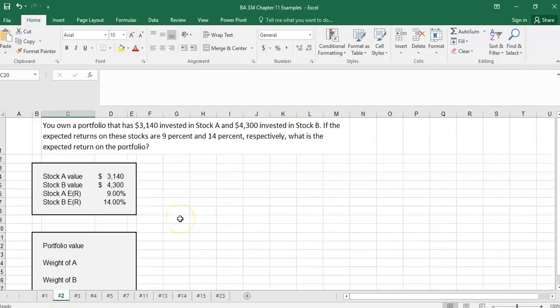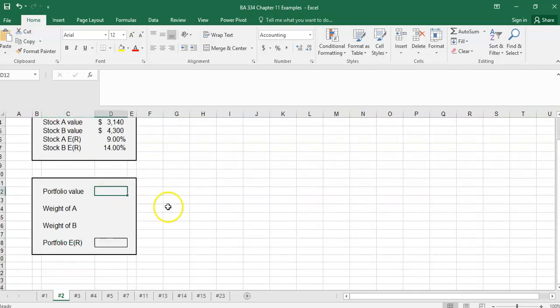Example 2, we have a portfolio. We're given the value of A and B, and we're given the expected return of A and B. And what we want to know is what is the expected return on the portfolio. So first, we are going to have the portfolio value, which is stock A value plus stock B value, so the total portfolio value.